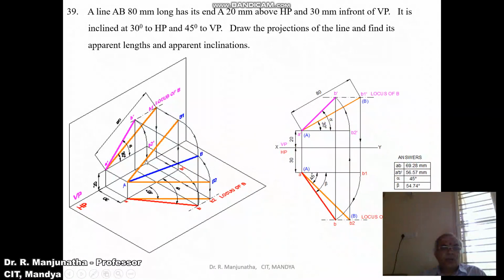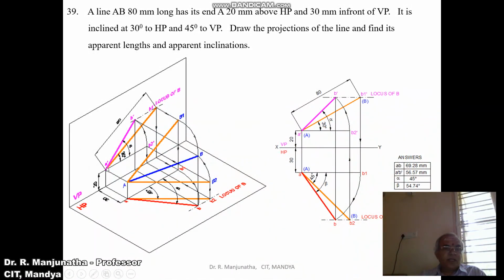We are going to draw a line which is inclined at 30 degrees to the horizontal plane. When you look from the front view, we can see that inclination in the vertical plane. So you can see that this line, AB1, is the one which is parallel to VP, because when you look from the front view, this image will fall on the vertical plane.